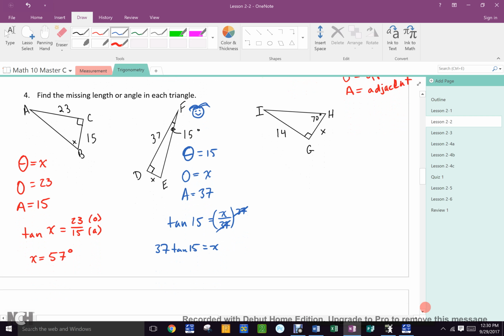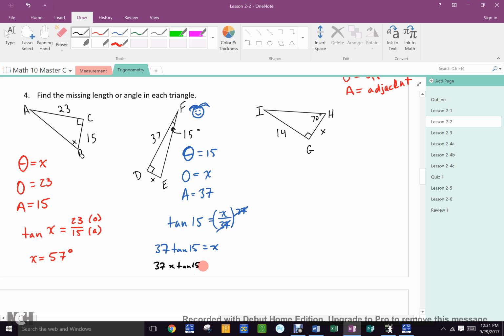Now you guys are smart kids. When there's no operation written there, what operation is it? Multiply. So what do I punch into my calculator? 37 times tan 15. Now, if you have a backwards calculator, it's got to be 37 times 15 tan.